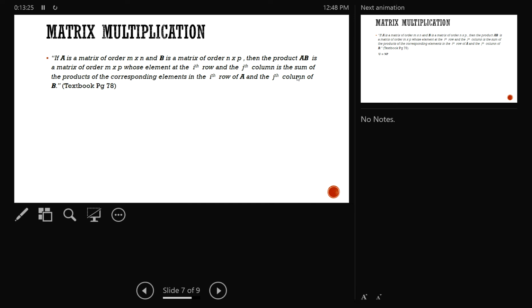Oh, sorry, I got a page wrong. It is found in page 134. Page 134, refer to it. Textbook page 134. All the n by n, n by p, i row, j column, so much.